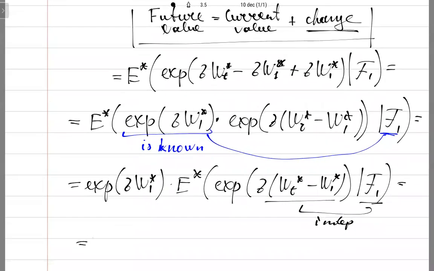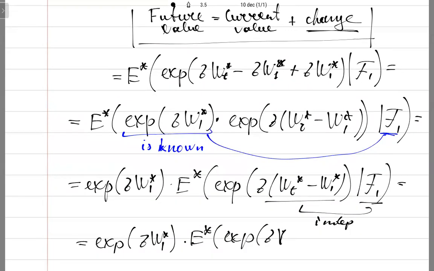And so basically it's the exponent times the expected value of the exponent of sigma times Wt star minus W1 star. Yeah, because I can omit the sigma algebra F1 because they are independent.